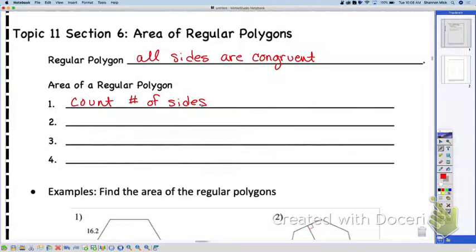You're then going to divide the polygon into triangles. You're then going to find the area of one triangle.